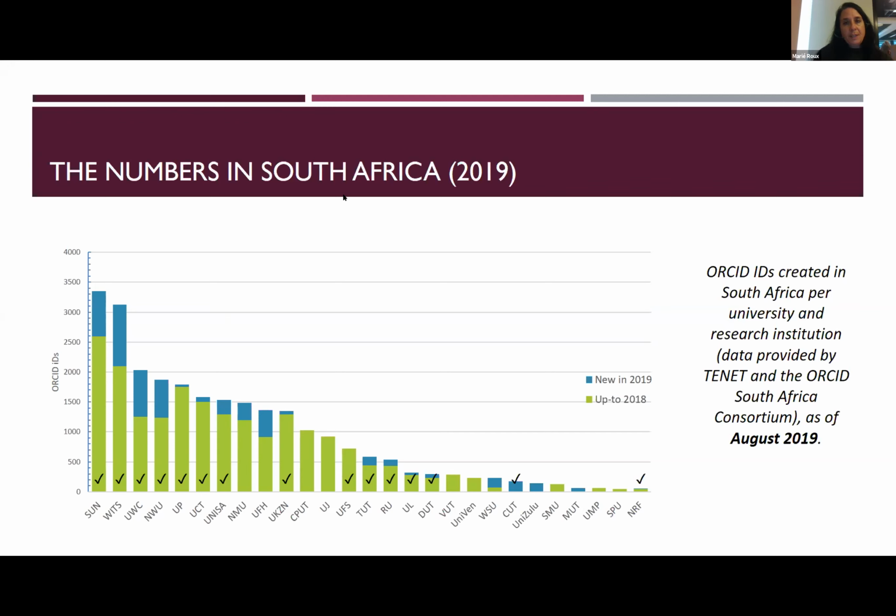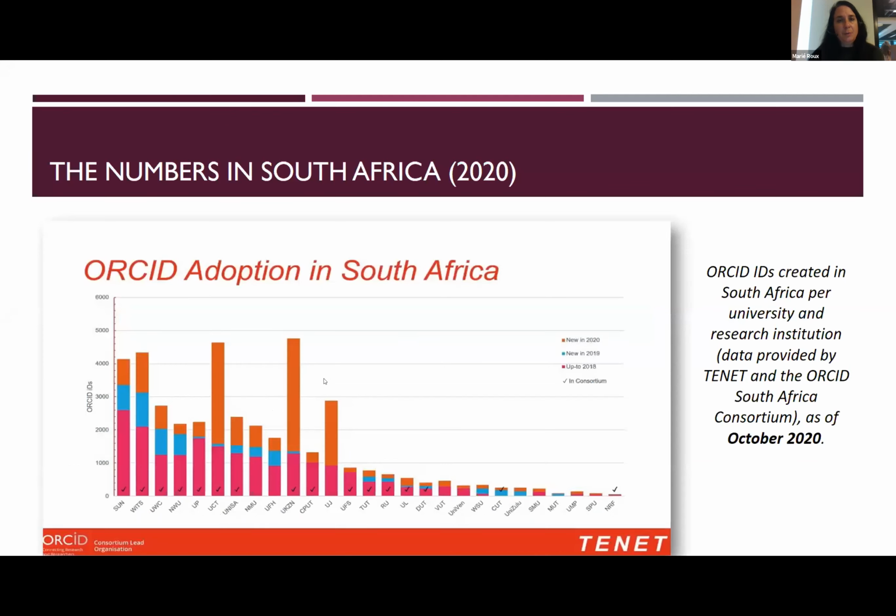And you will see in 2019, our Stellenbosch University here on the left-hand side, we're at the top of it. We had the most created IDs in the country at that point of time. You can see the University of Witwatersrand was also doing quite well. But then these changed a bit in 2020. This is the slide we received from them in 2020.